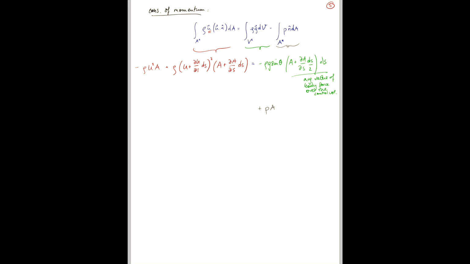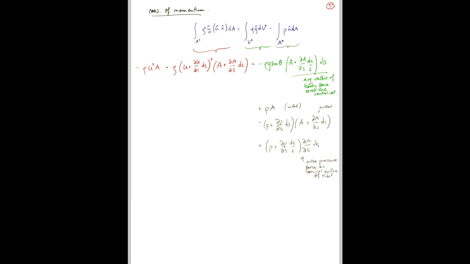At the outlet, you have the outlet pressure, p plus dp/ds ds, times the area at the outlet, which is A plus dA/ds ds, plus the extra term, which is the extra pressure on the conical surface, which to a first approximation can be written as the average pressure over the tube, times the difference in area, which is dA/ds ds.